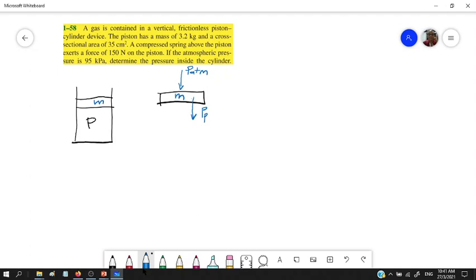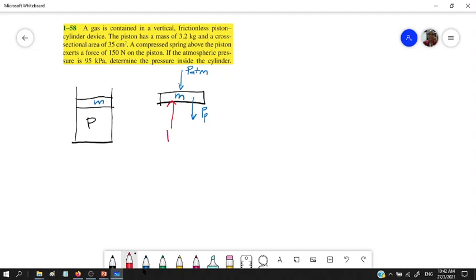Then, assuming that this piston is at equilibrium, it does not move downward, then we must have another pressure exerted on the bottom part of the piston.